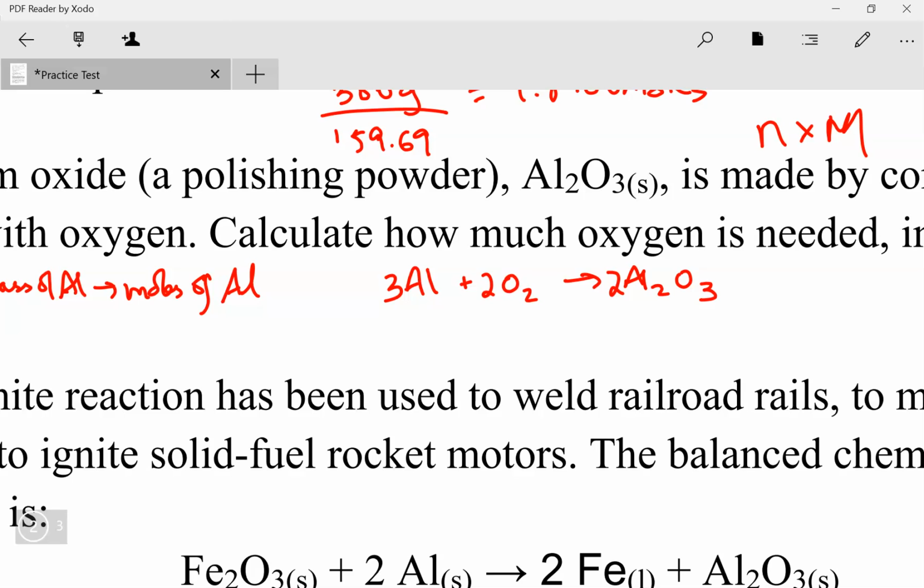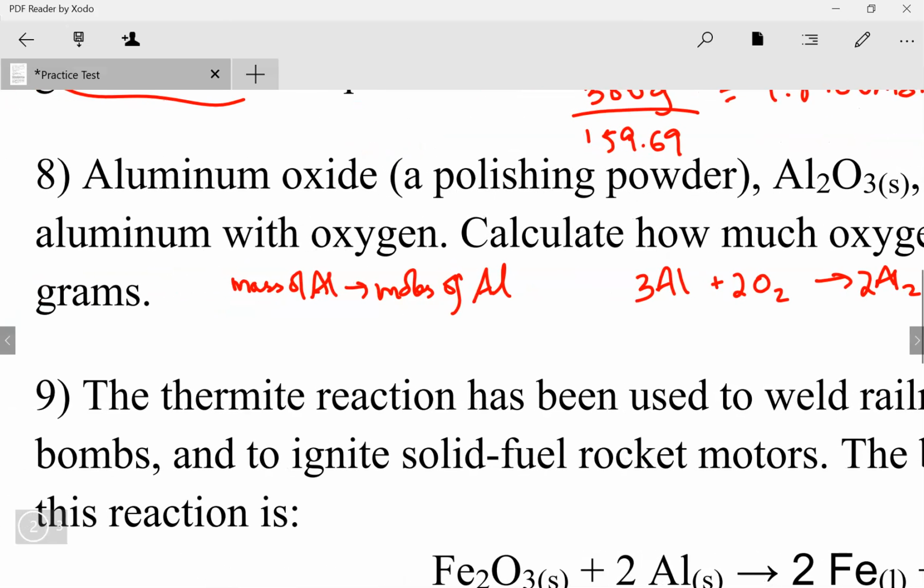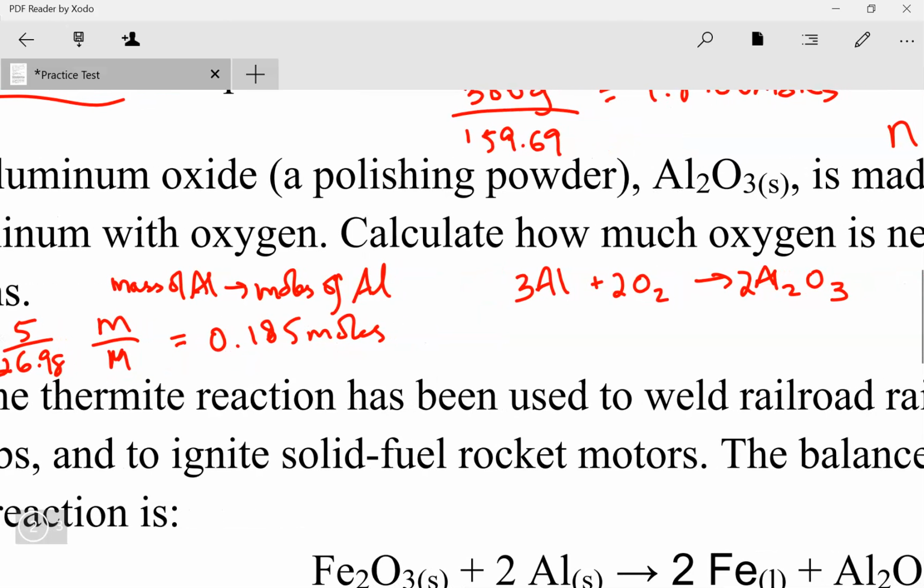So I do mass divided by molar mass, 5 divided by 26.98, which equals 0.185 moles.